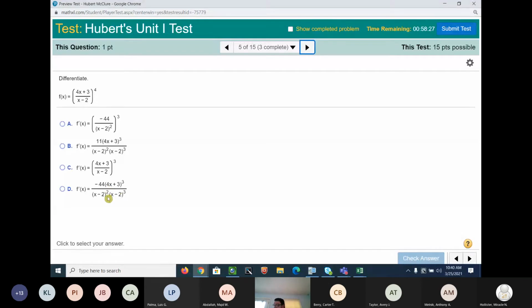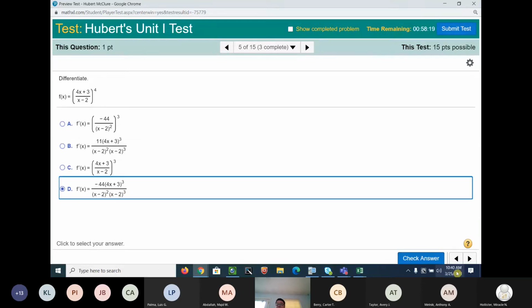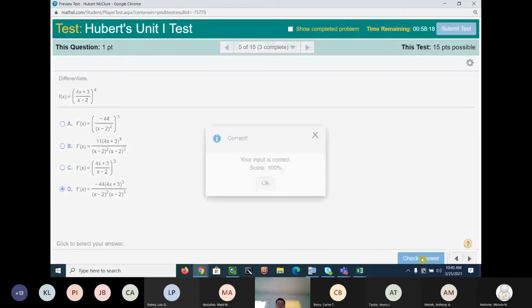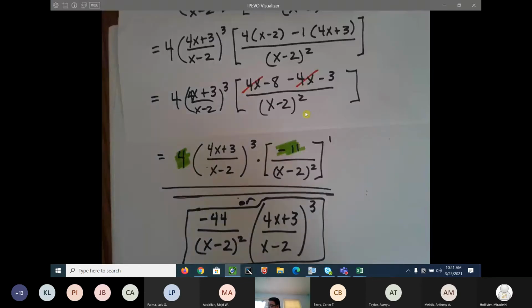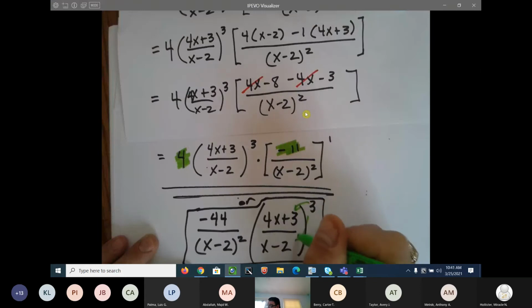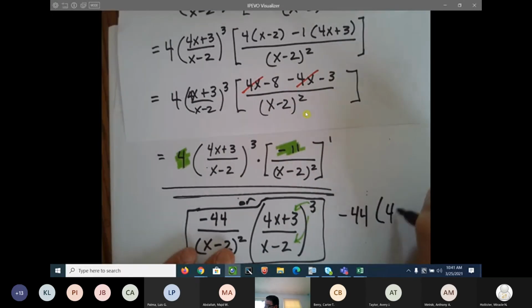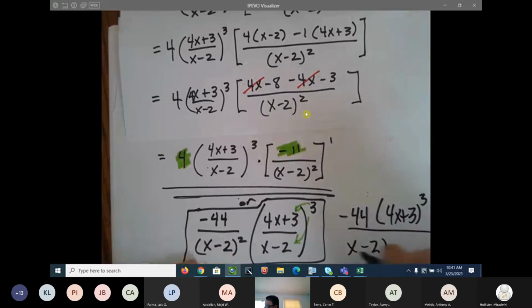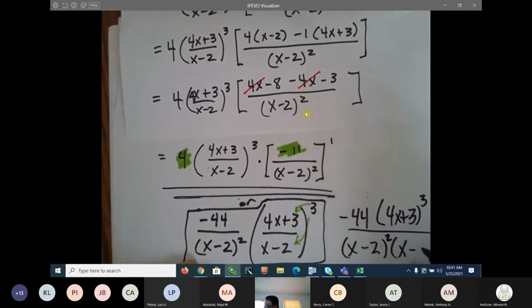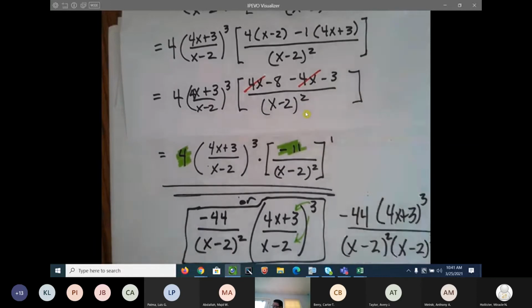No. Yeah, you could distribute that 3 right here, that's D. Right here, you could distribute that 3 here and here, and that would make it negative 44 times (4x plus 3) to the third over (x minus 2) squared times (x minus 2) to the third. You could do that. Okay.